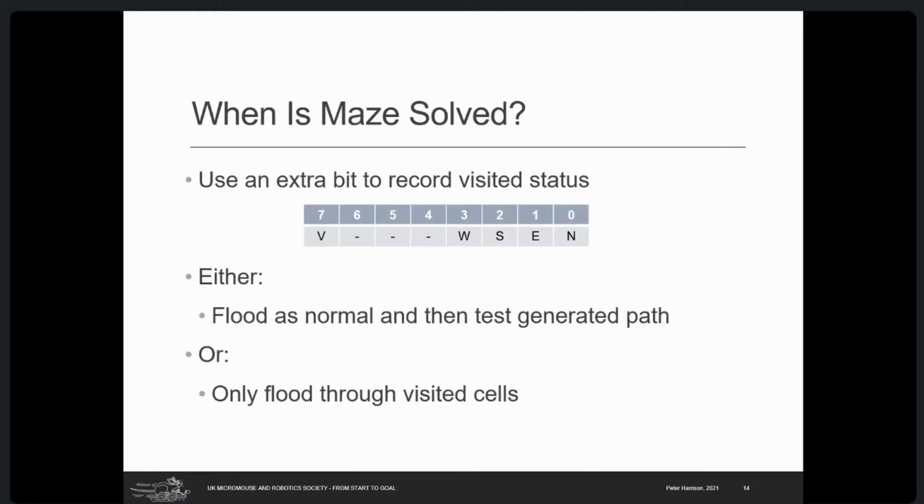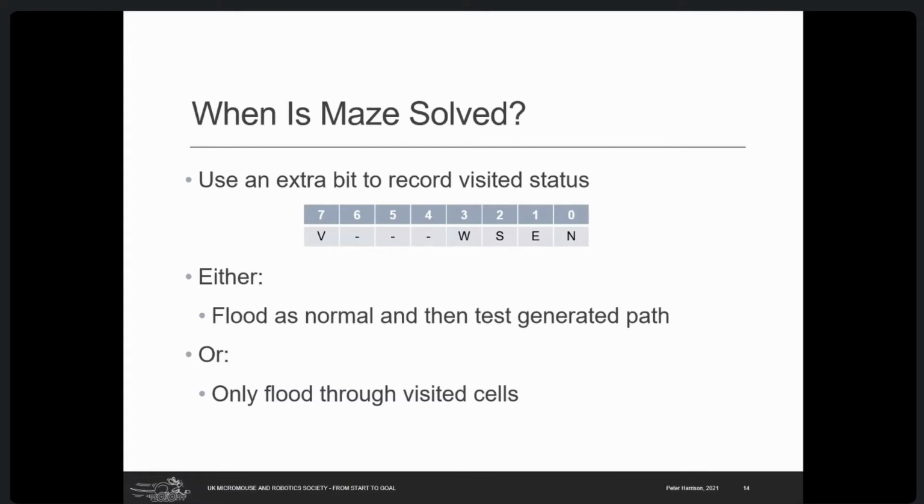Well, there are several techniques. One is to have an extra bit in your bitmap. Every time you visit a cell, you set that bit. Then you can tell your path generation algorithm to only go to cells where that bit is set. And this will make you a safe path.